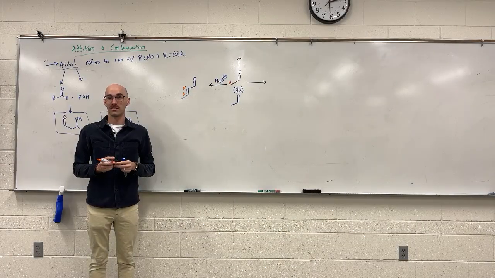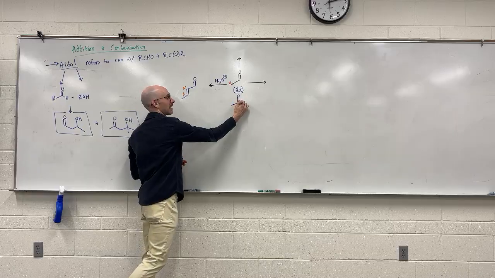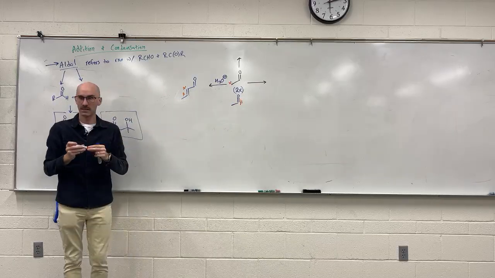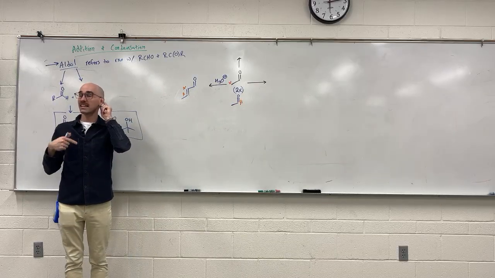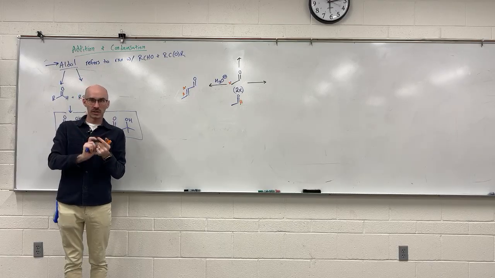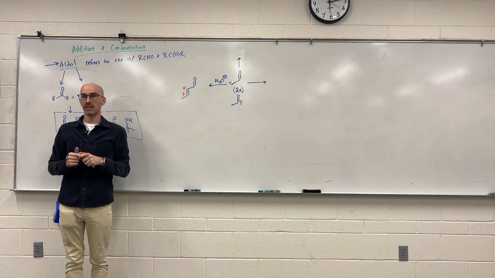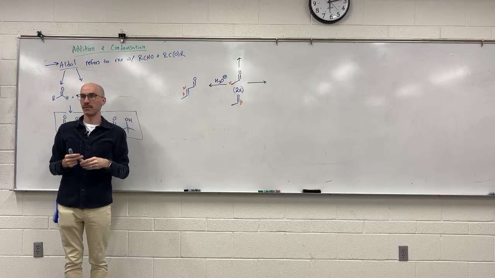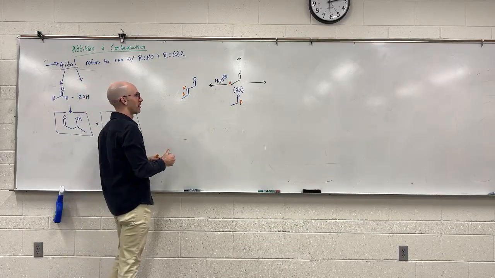The carbonyl carbon of the second equivalence. This is a condensation reaction. That means a small molecule has been condensed out during this process. What byproduct do I form? Water.